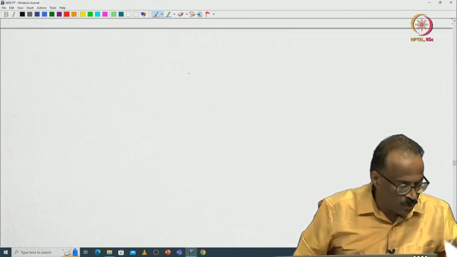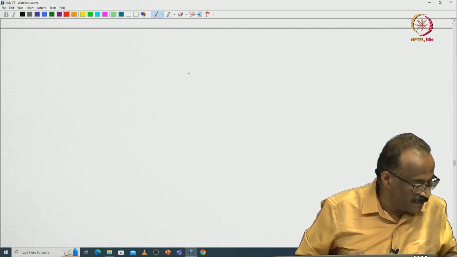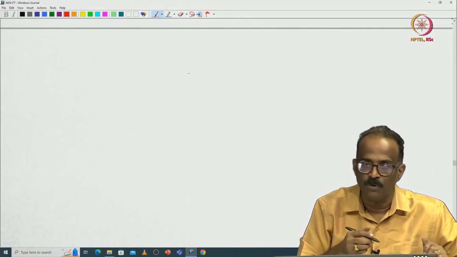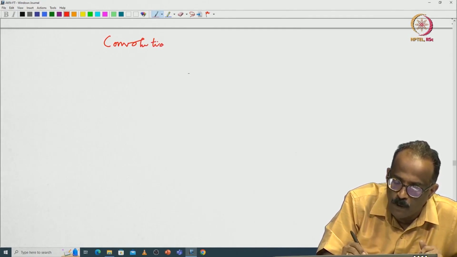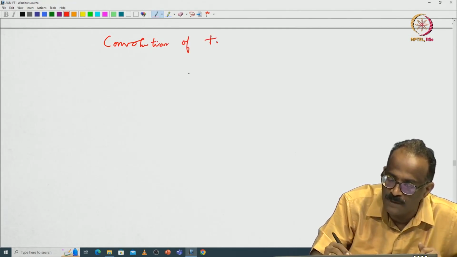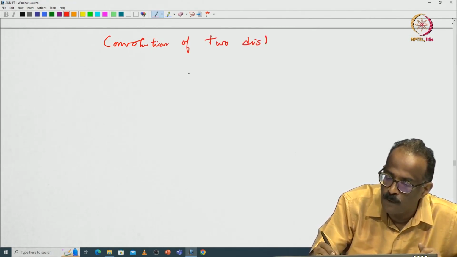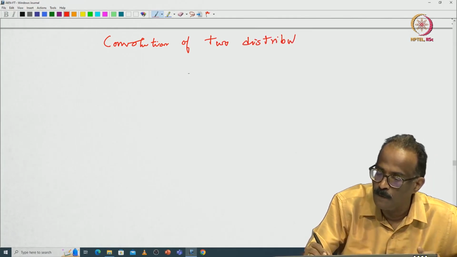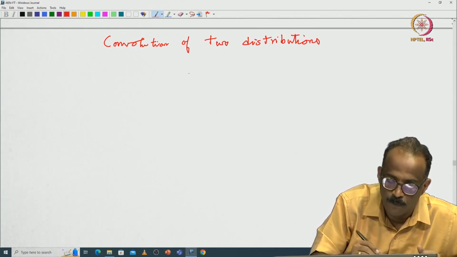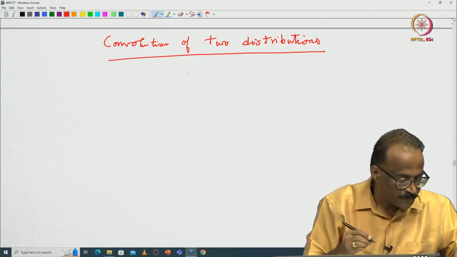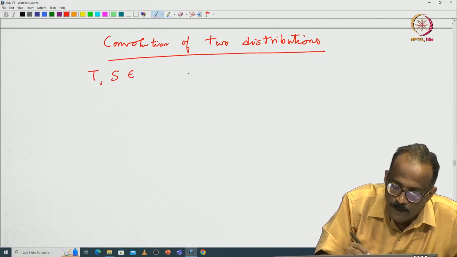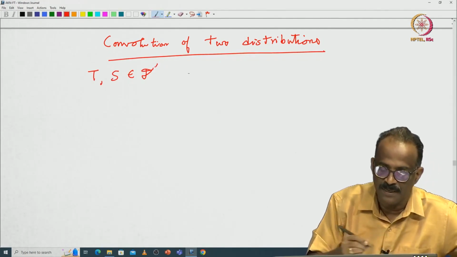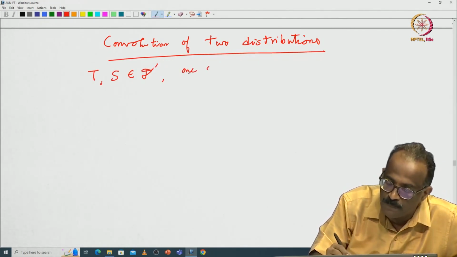So, what is next? This proof, if possible, I will give later. Now we will do the convolution of two distributions. Of course, one of them is in D prime, and the minimum condition we assume is that one of them has compact support.